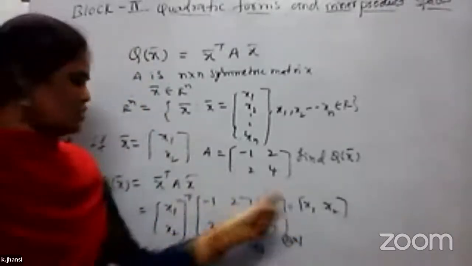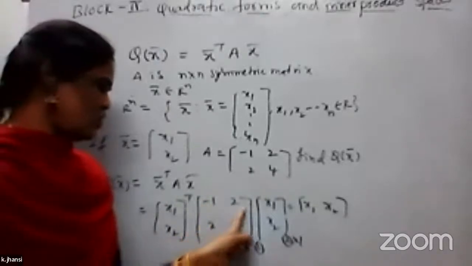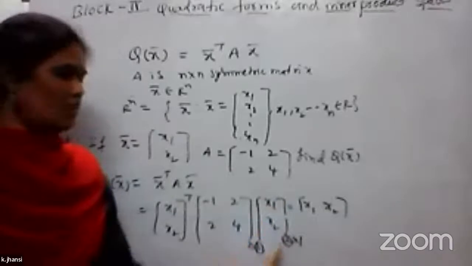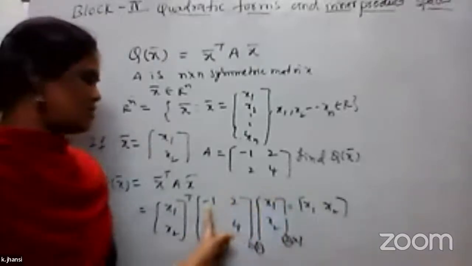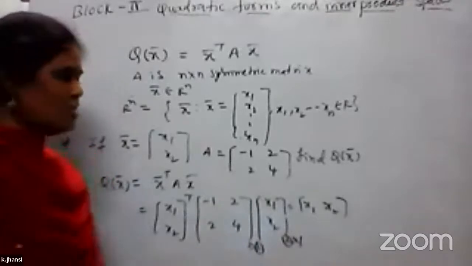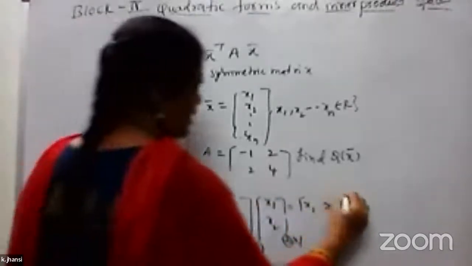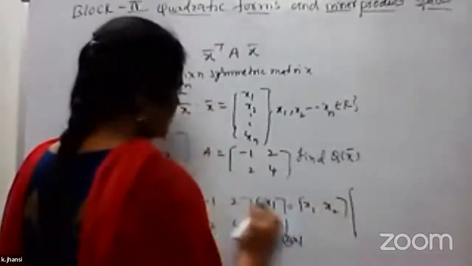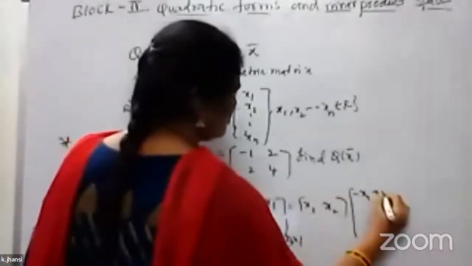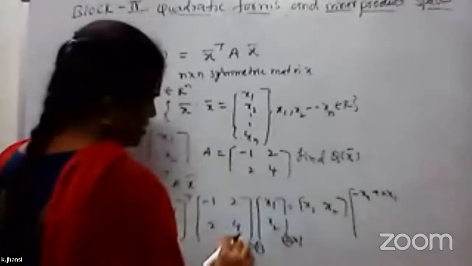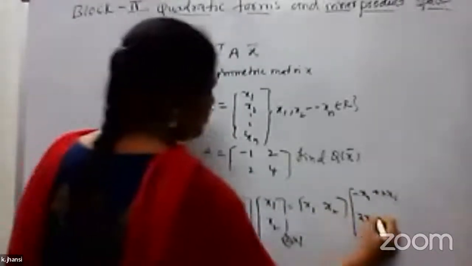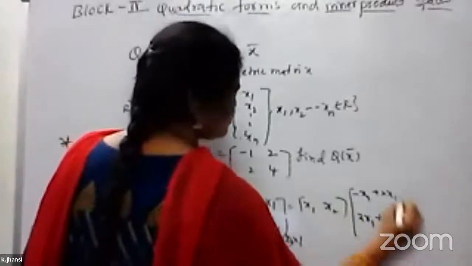When you multiply, first row with first column and second row with first column, you get -1 into x1 plus 2 into x2, next second row, 2 into x1 plus 4 into x2.